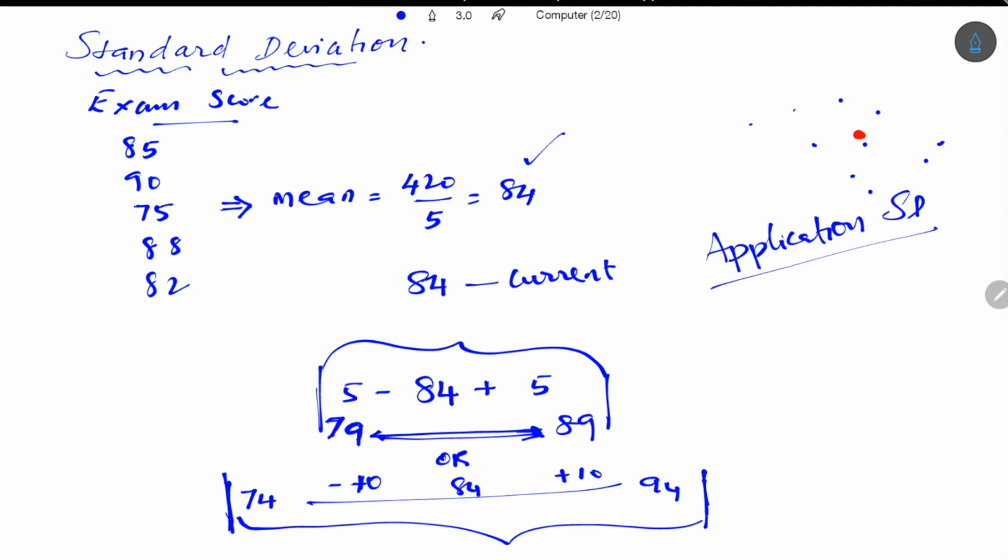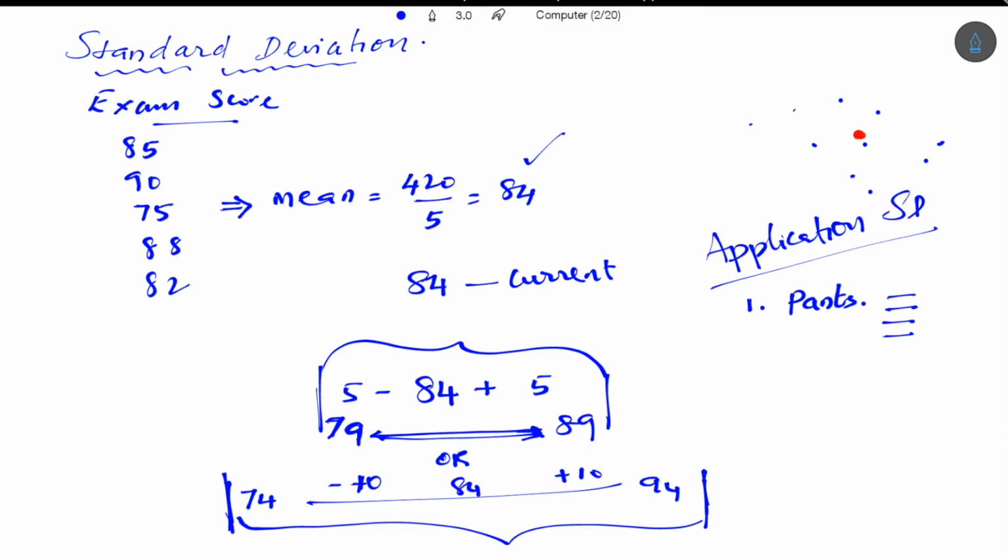Standard deviation is used in all industries and in day-to-day life. For example, take pants. There are different companies producing pants, for example Allen Solly, Trigger, Louis Philippe.